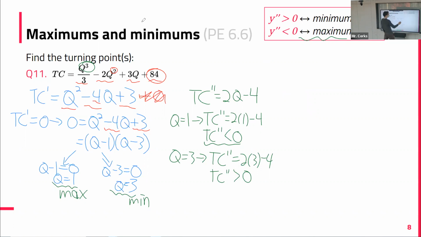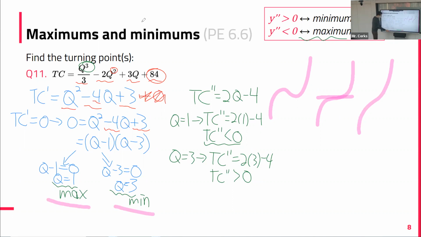This is positive, so this shape, or it could be hitting perfectly flat here for a moment, or it could just have this pattern. So one of these three things, but we've discovered we have two turning points here, so it must be the first one. We have a maximum point, a minimum point, and then the graph keeps going.